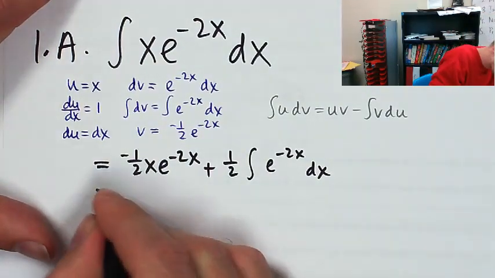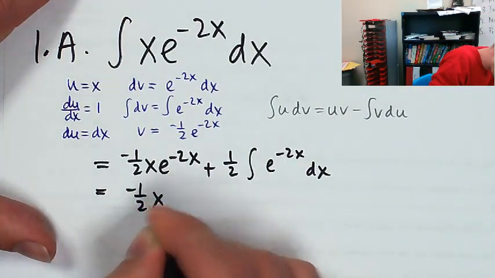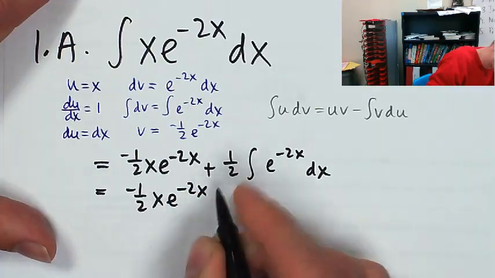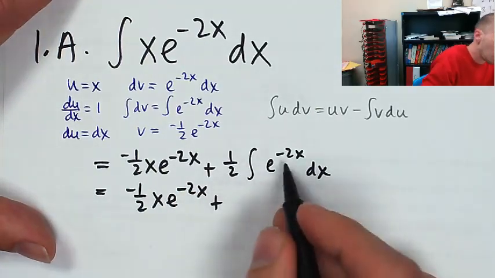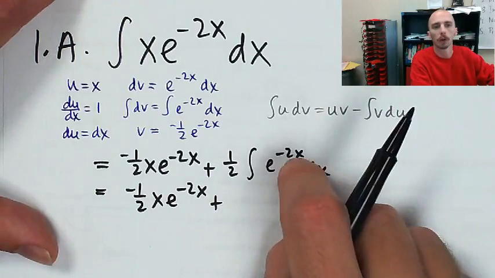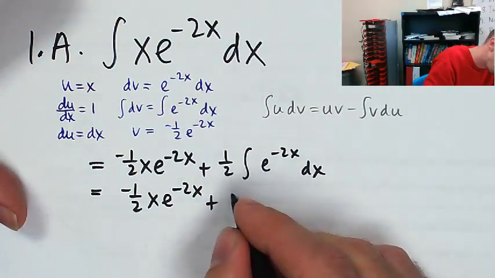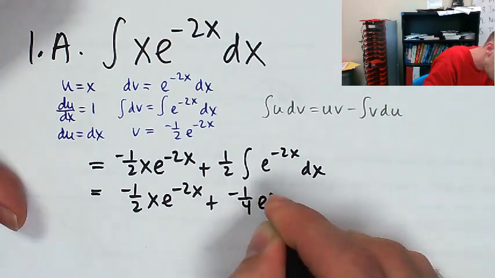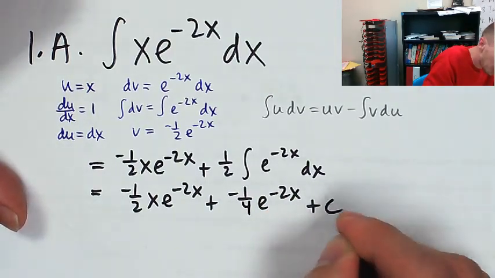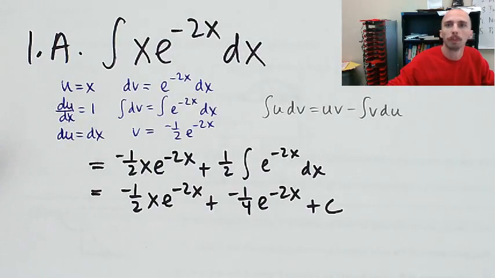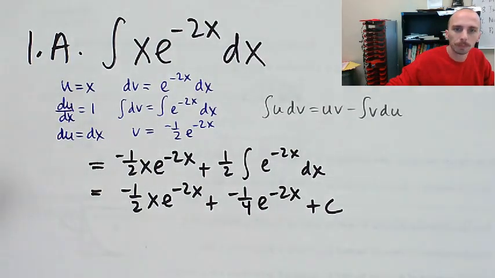So this will be negative 1/2 x e to the negative 2x plus, well, when I take this antiderivative, I'm going to incur another negative 1/2. So to combine it with that, I would have negative 1/4 e to the negative 2x. And then I'm going to add a plus c because this is an indefinite integral. All right, and that's it.